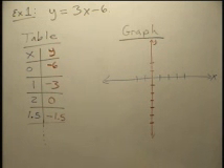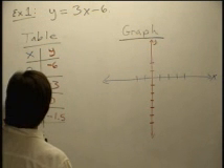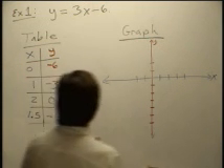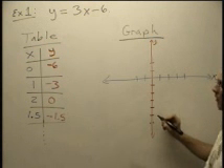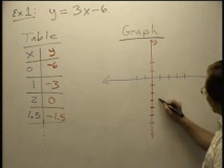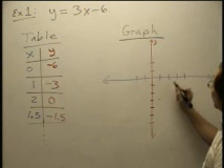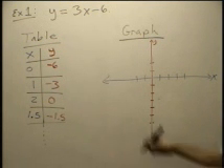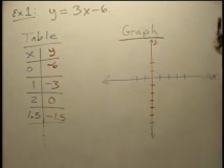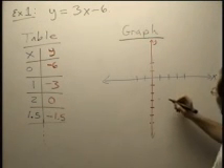The final method by which we will represent this relation is graphically. If we want to graph this relation, well, we could look at some ordered pairs and plot them. Here is 0, negative 6, 1, negative 3, 2, 0, and because this is a linear equation, we can draw the line through all of these.